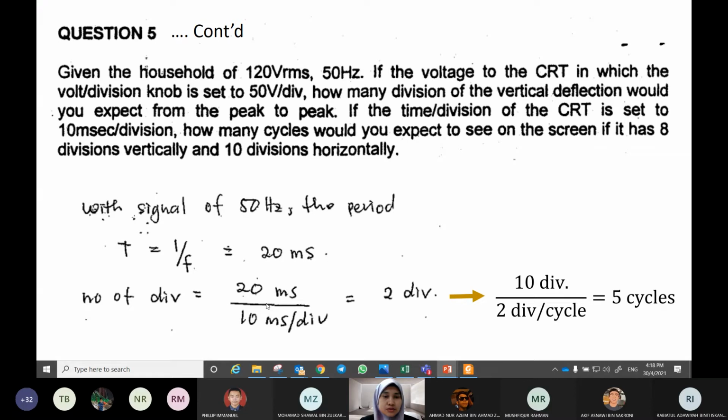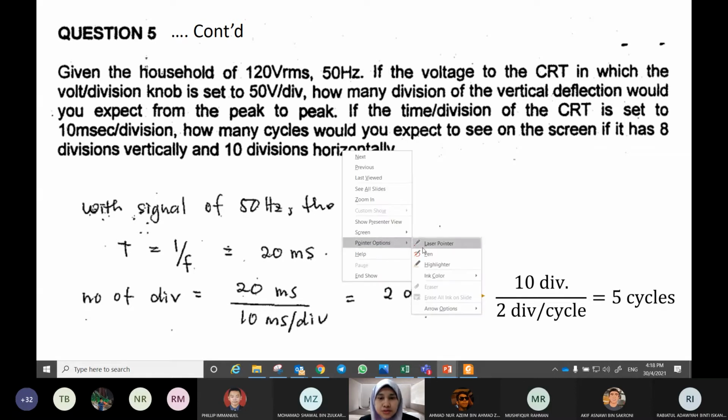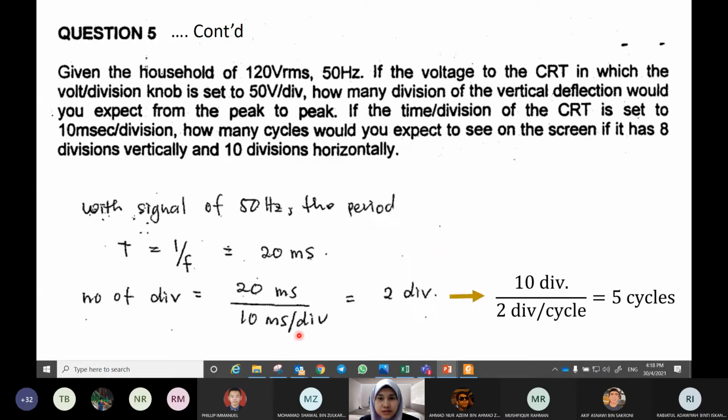The period is 20 millisecond divided by 10 millisecond per division, so we get 2 divisions for one cycle.